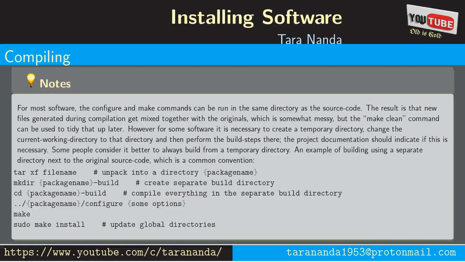So as before, the first step is tar xf file name. The tarball will be exploded into a subdirectory. Now we are still in our sources directory. We issue the command mkdir package name-build.